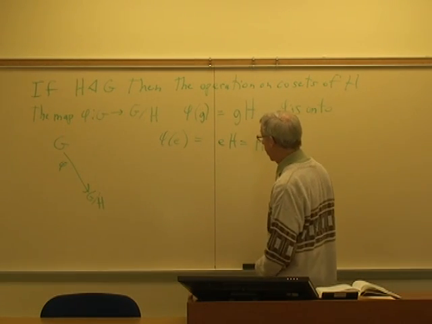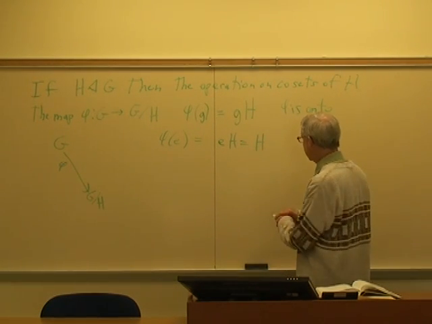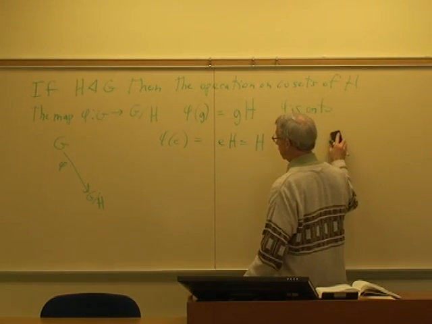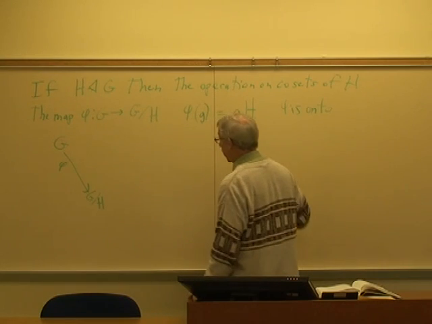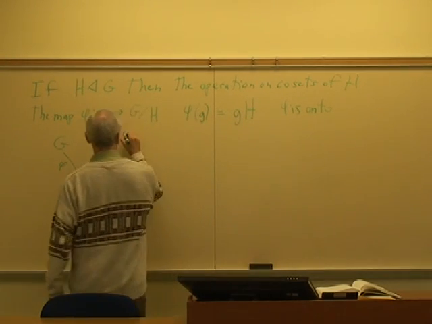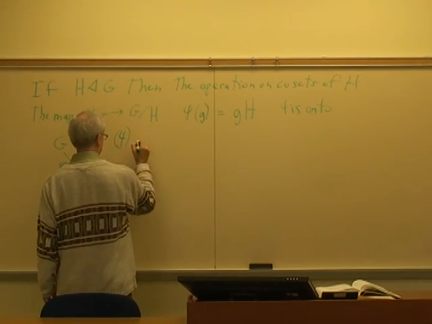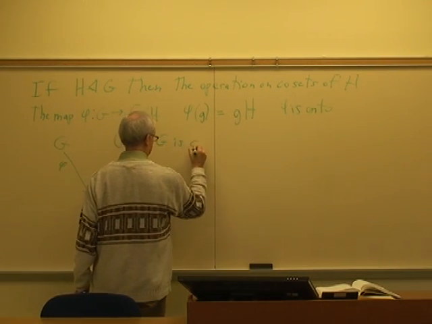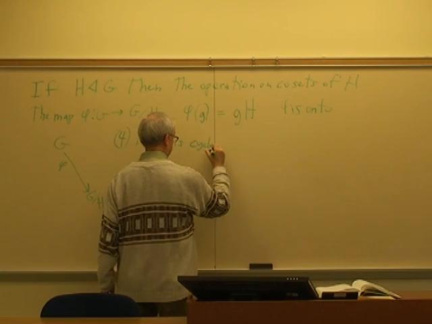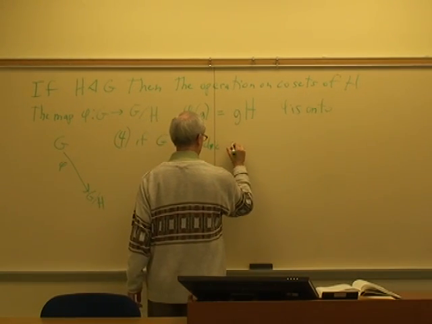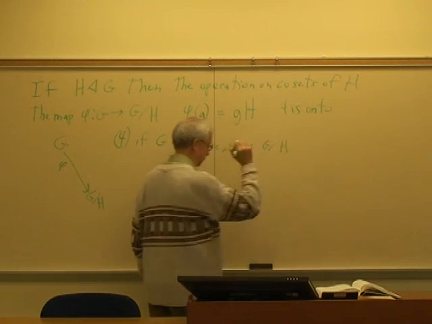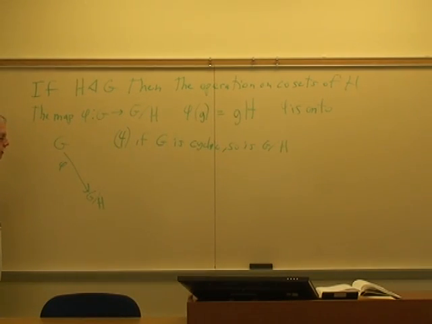Okay, something else that happens. If G is cyclic, this is property 4, so is G mod H. What does it mean if G is cyclic?